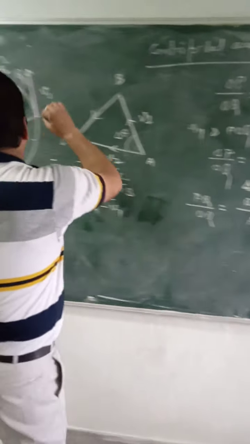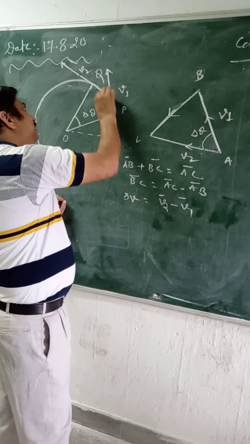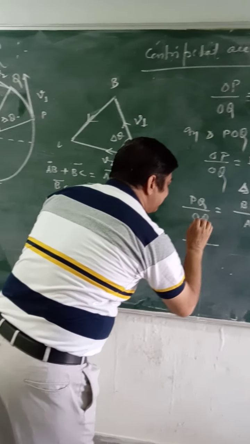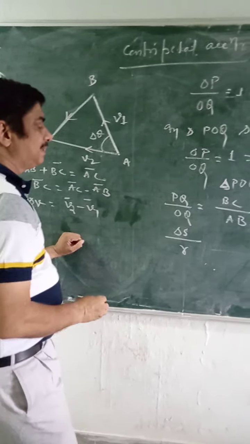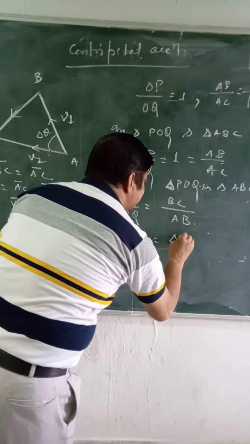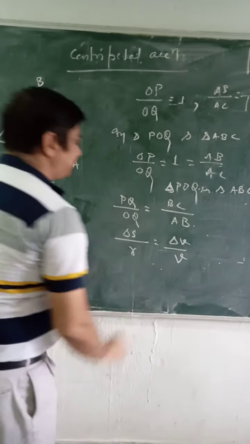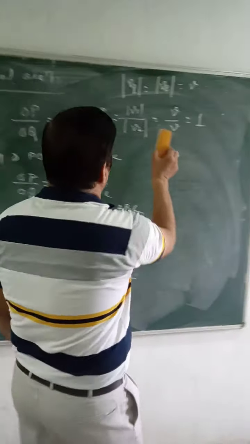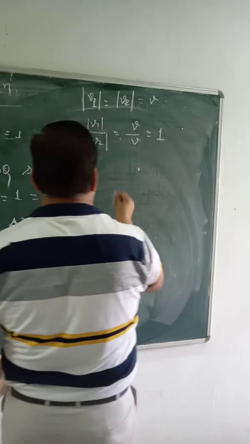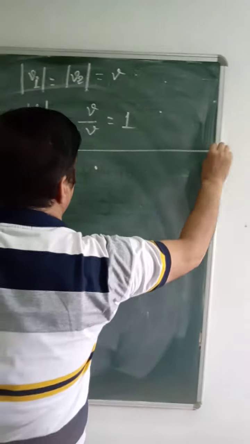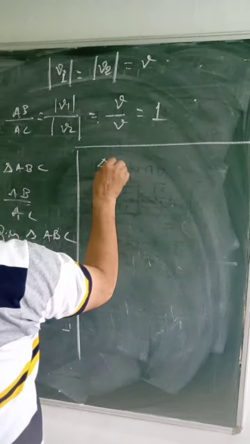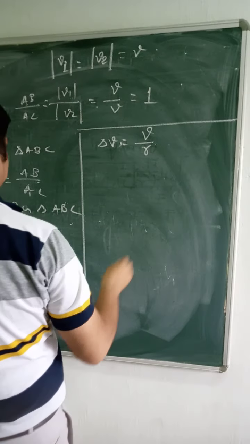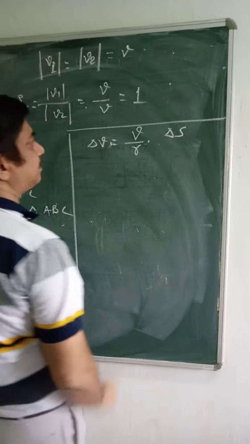That is the arc, and this is delta S, divided by R, the radius, and BC is delta V divided by V. So from this we can write delta V is equal to V by R into delta S.